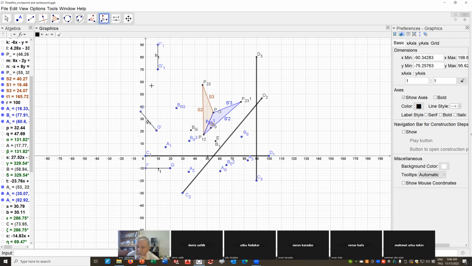Somebody sitting on CD will see the motion of the fixed frame as if I'm sitting on CD in the first position, and I will be saying this is the first position of FG, the fixed frame. This is the second position, and this is the third position. Okay? These are the 3 positions of the fixed frame relative to the moving frame. If I determine the poles, let me determine the pole.